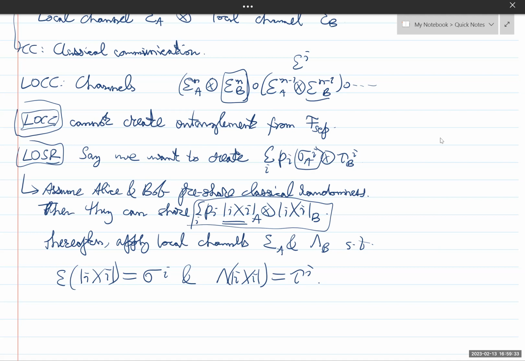I see. And so the statement is that classical randomness means that you have access to this tensor product state that you described there. Is that right? Right. So these are, in a sense, maximally correlated classical random variables.